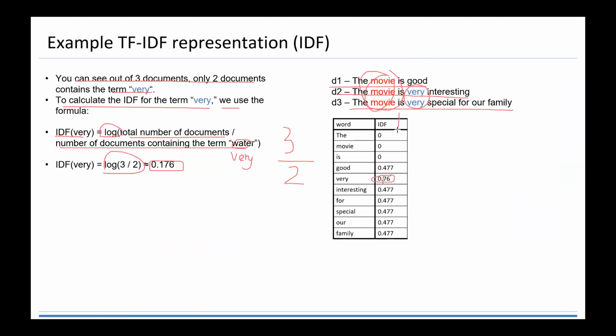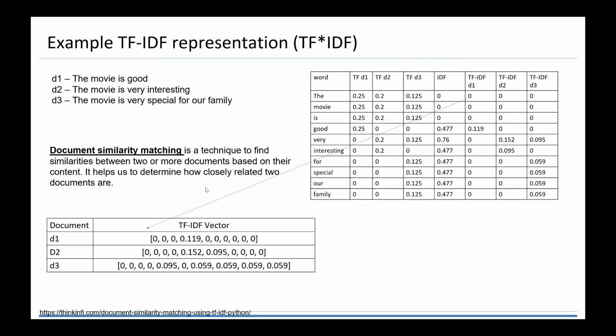Then if I have this IDF, at the end we can just calculate the multiplication. I know the TF and I know the IDF, so I can calculate 0.25 multiplied by 0.